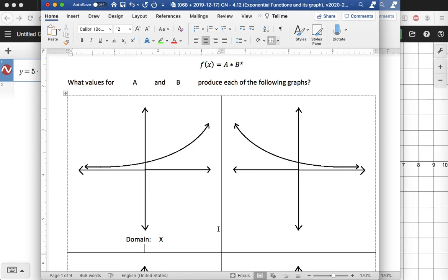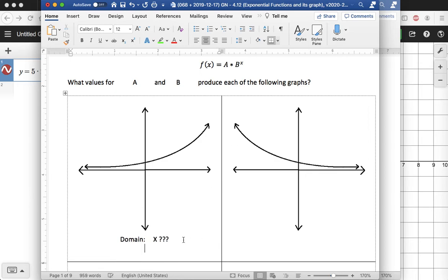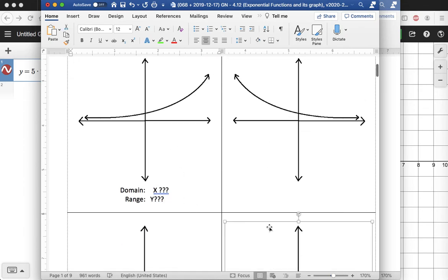This is just basically looking at the graph. Pause the video here and do that for each of the 4 graphs. When you're ready to continue, continue.